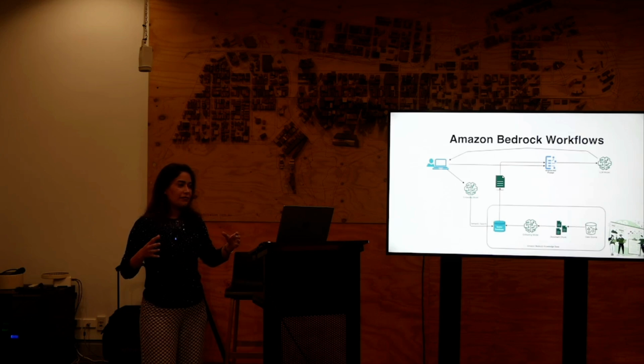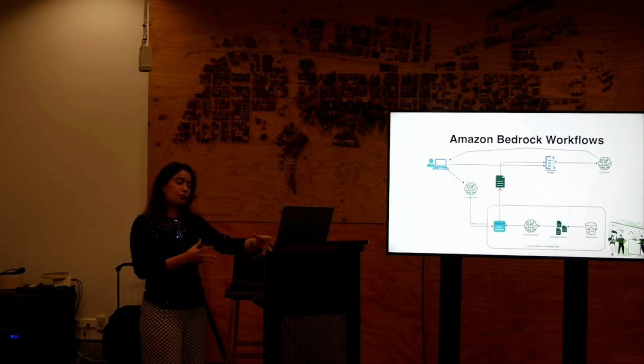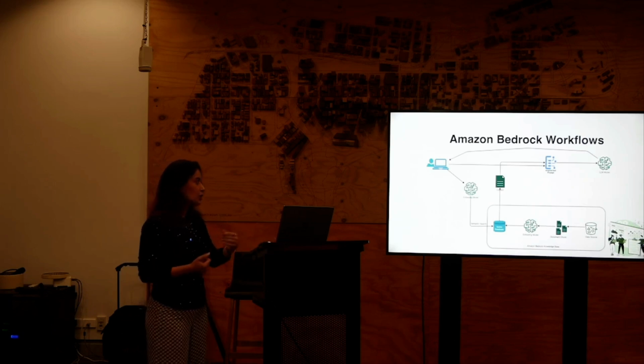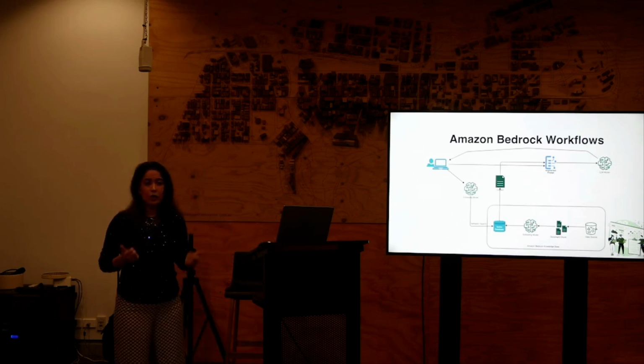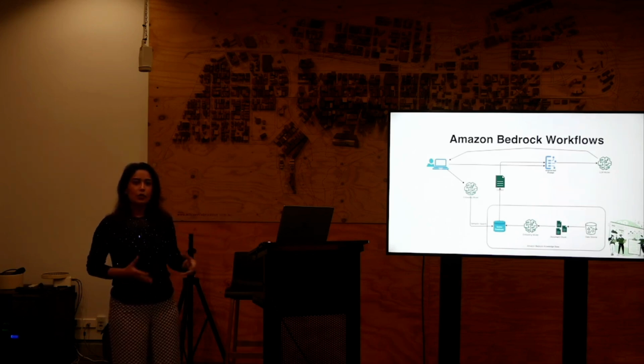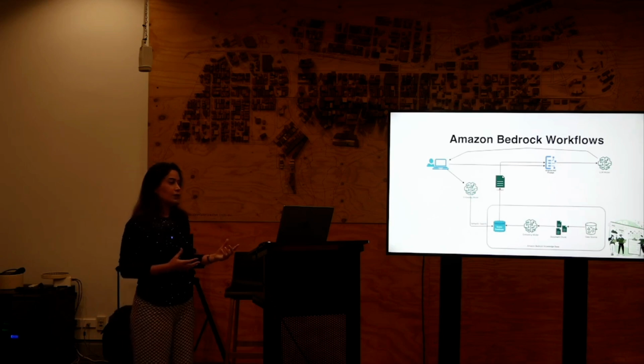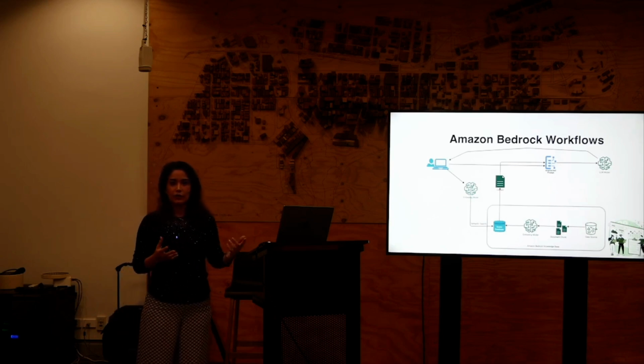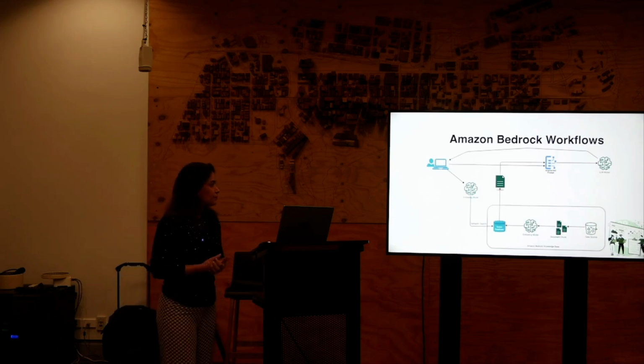If the answer of the model is beyond the expectation, meaning it's not relevant to the context you have provided, you can control that. You can even customize the response. If it's not relevant, you say the model is not able to answer this question. So you can control the model from going beyond, hallucinating, and generating irrelevant information.